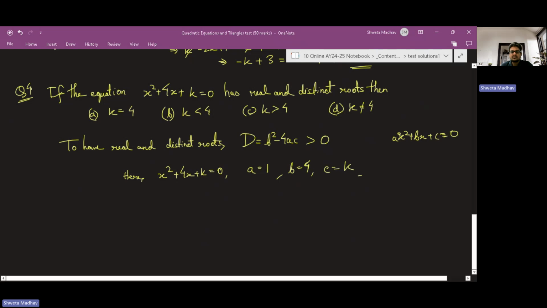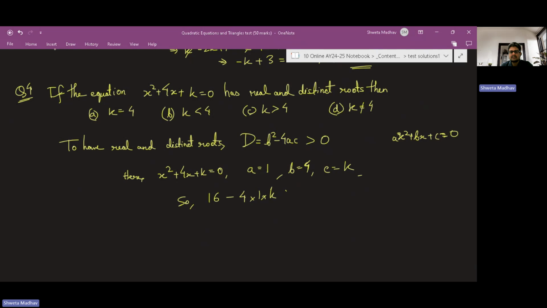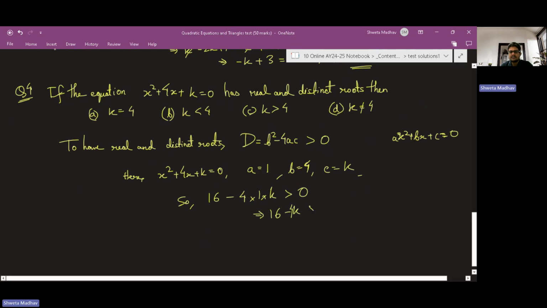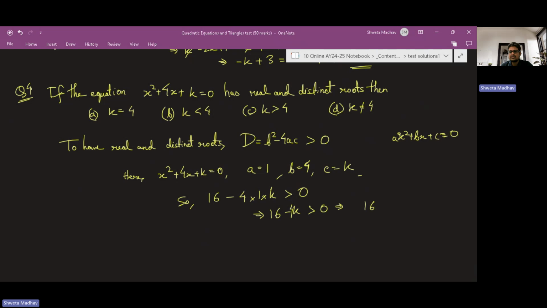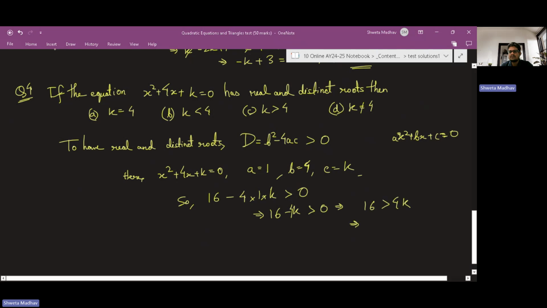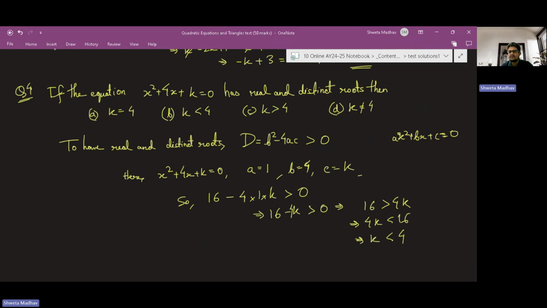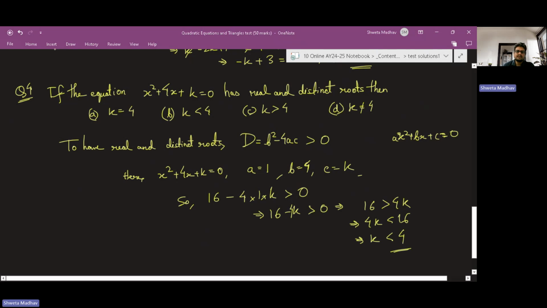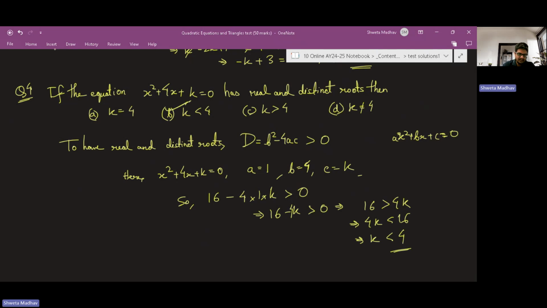So b square, which is 16, minus 4ac, so 4 into 1 into k, is greater than 0. So 16 minus 4k is greater than 0, so 16 is greater than 4k, so 4k is less than 16. So k is less than 4. So option B is the correct answer.